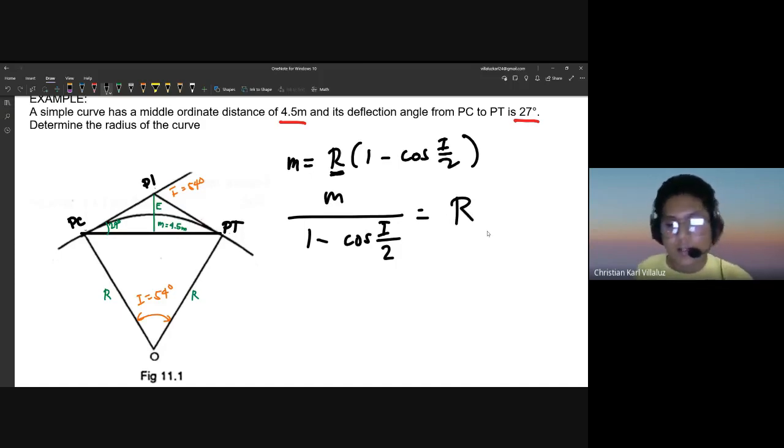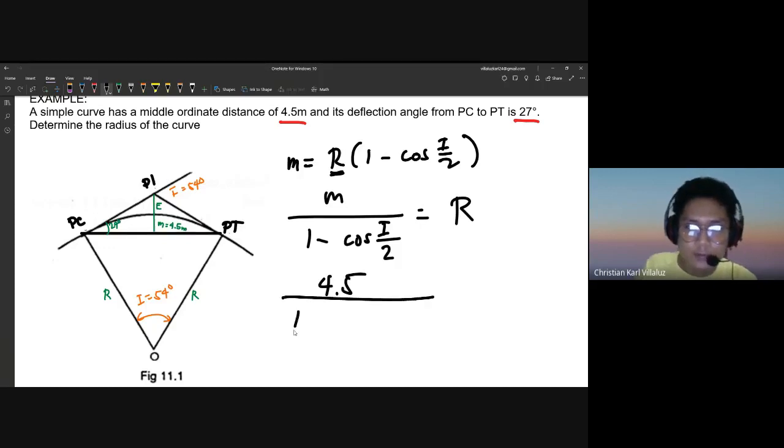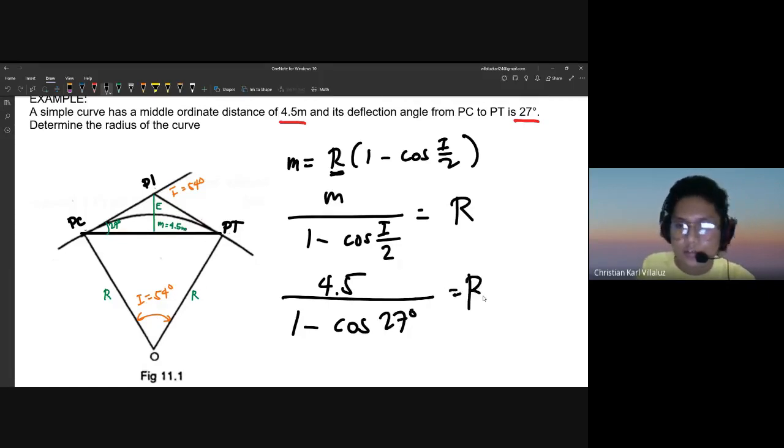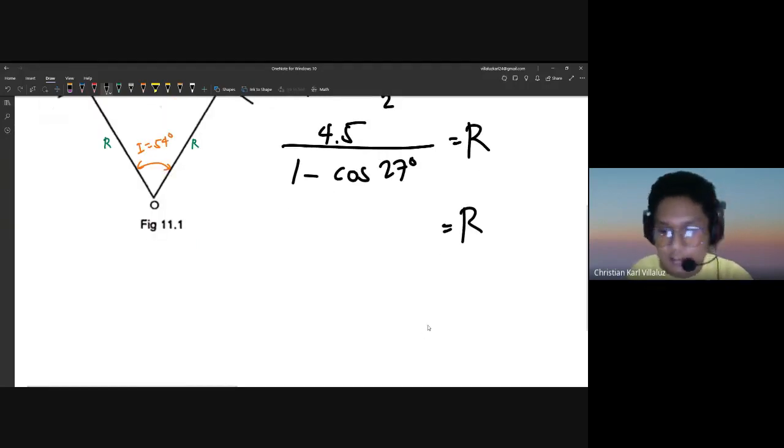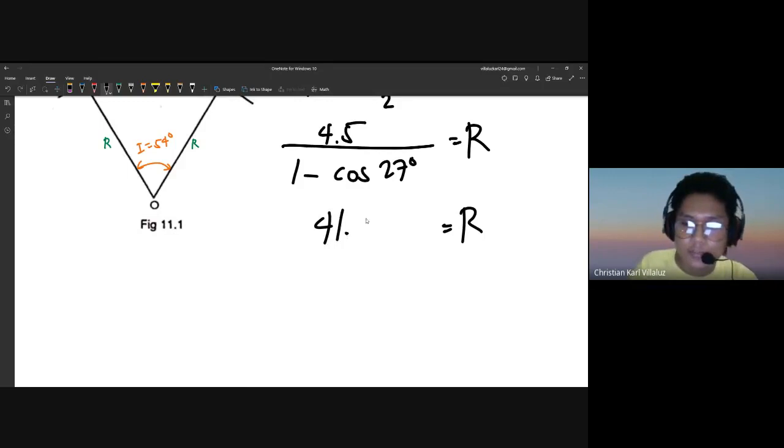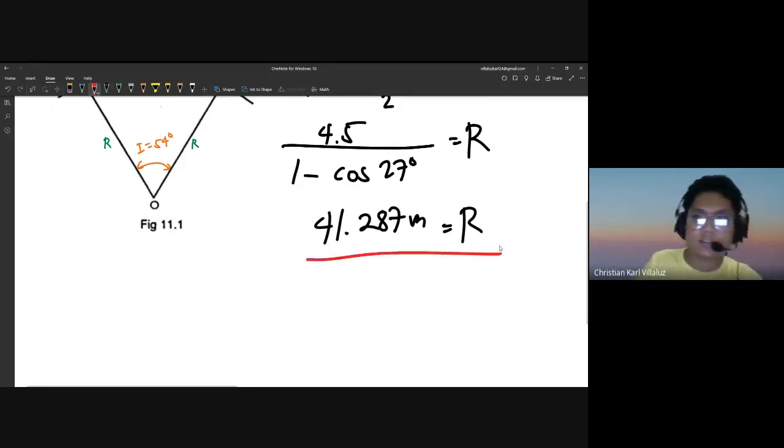Matira yung R. So, substitute the given 4.5, 1 minus cosine I over 2. Yan natin imo itong 54, equivalent lang din naman sa 27 degrees. So, R is 41.287 meters. So, ganun lang.